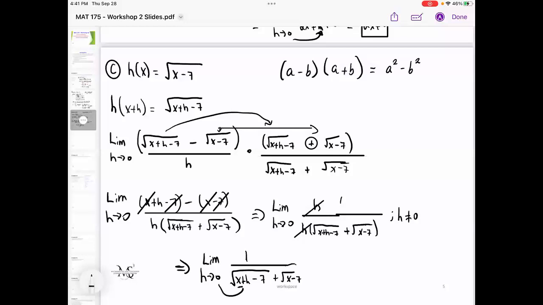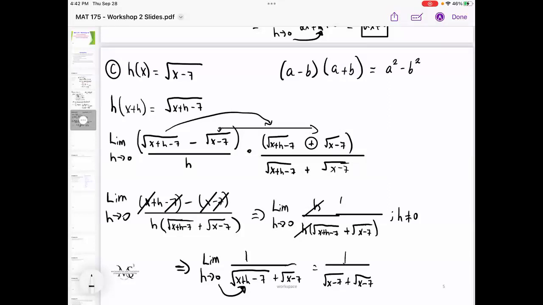As h goes to 0 now, the h term goes away. So what we have in the denominator is the square root of x minus 7 plus the square root of x minus 7. You can combine this into a single radical because what we have underneath the radicals now are the same.